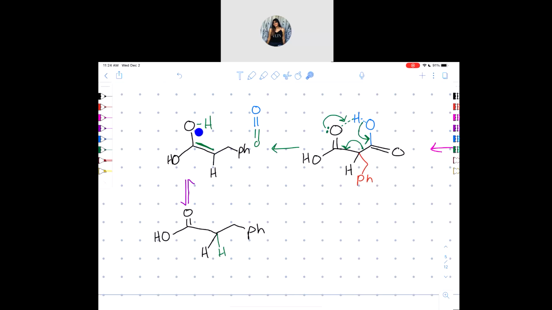So it's almost like we're pushing these electrons up here, which creates a plus charge here. And that plus charge is satisfied by this hydrogen. And yes, the keto form is usually more stable and more favorable.